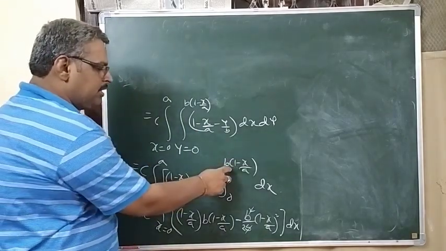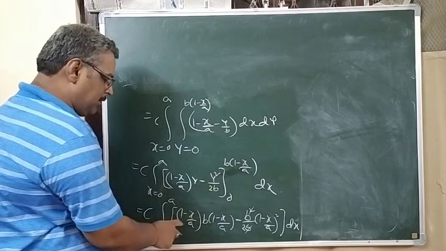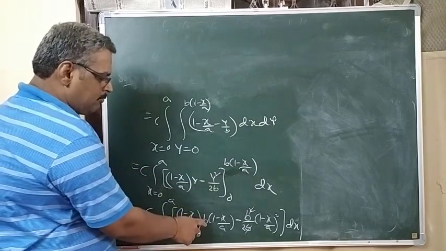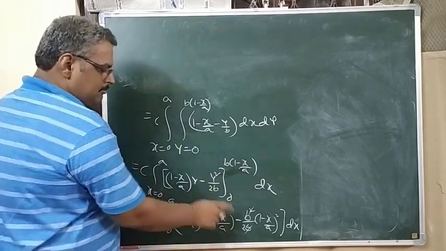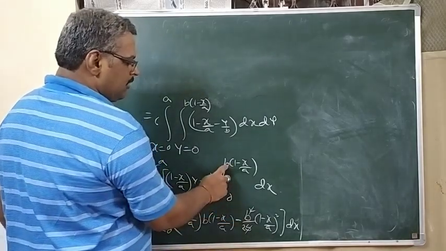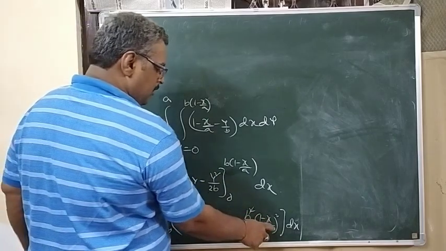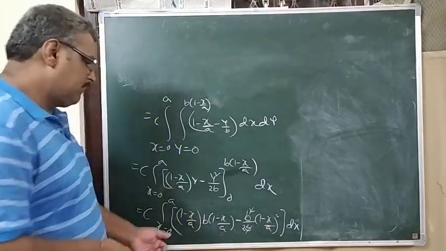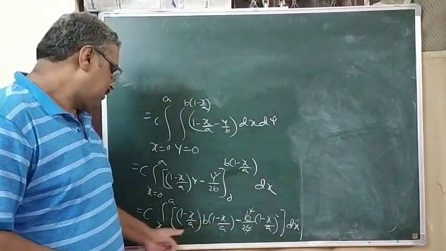Put y equals b into 1 minus x by a. y square is nothing but b square into 1 minus x by a whole square, b square cancels.